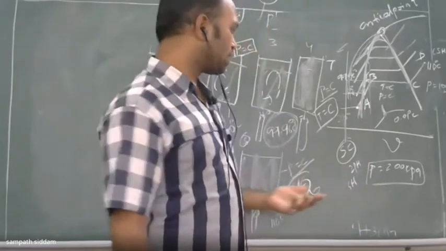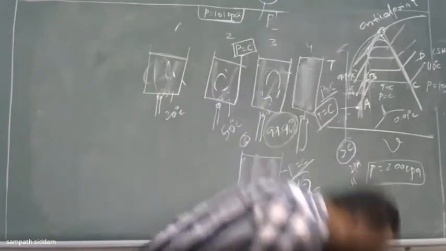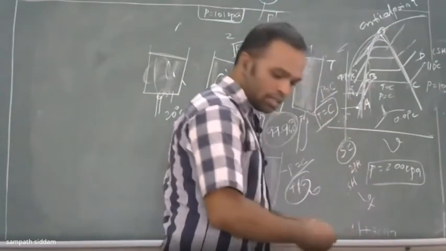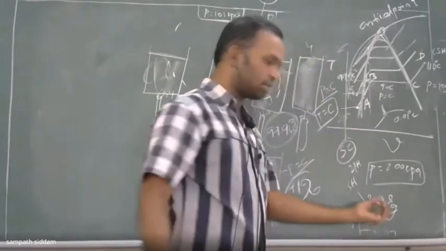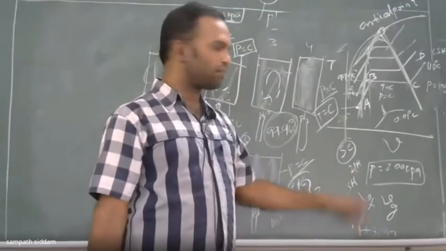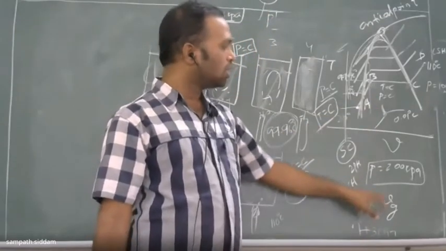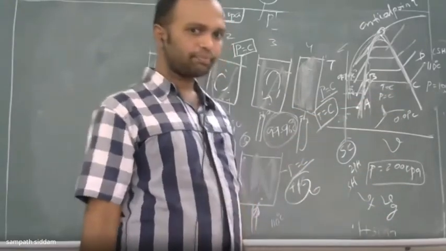If it is in a liquid region, we denote it as Vf. If it is in a gas or vapor state, we denote it as Vg. If we denote it as Vf, it is in a liquid state, that is subcooled. If it is Vg, that is in a vapor state.